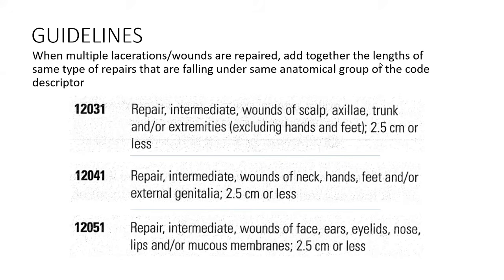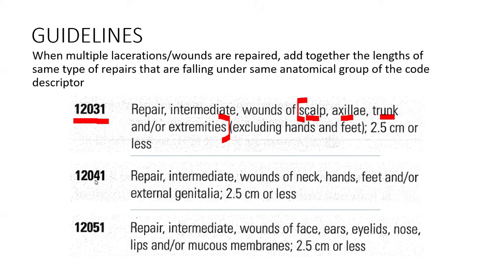Let us understand more about it by taking some of the code descriptors. If we take a look at 12031, it is an intermediate repair of wounds of scalp, axilla, trunk, and or extremities. This is one anatomical group of this code descriptor, which is belonging to intermediate repair.